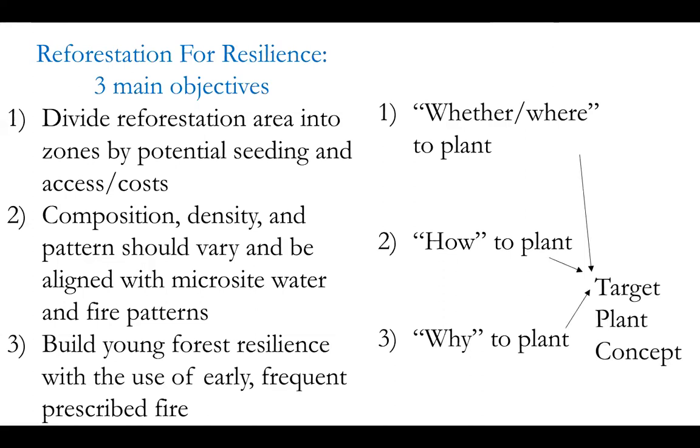These 3 components of this strategy closely relate to something called the target plant concept, which, if anyone heard Owen Birney's webinar in this series last month, was discussed at length, and I think it's a useful way to structure our thinking about planting decisions. So I just wanted to put that in some context.